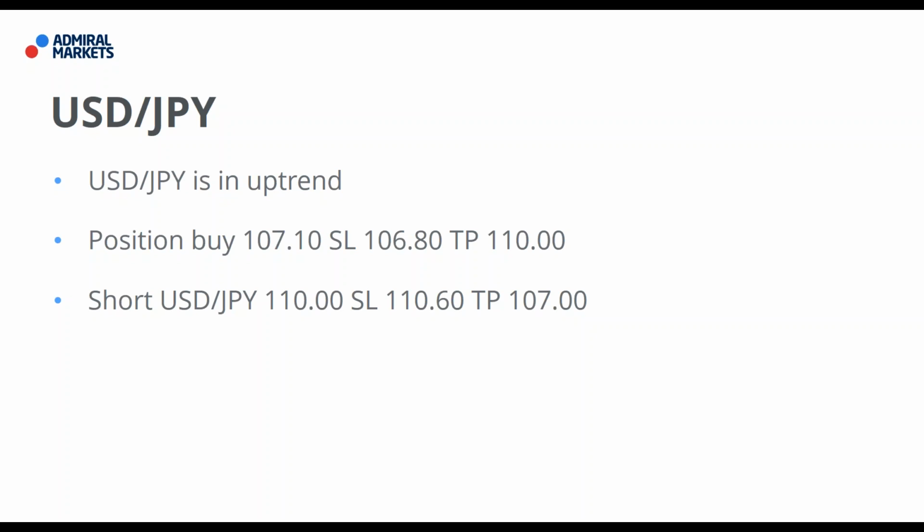I would still look a little bit into that stop loss when dollar yen gets hit, but I think dollar yen could sell off from 110 or close to the 110 zone with a TP at 107.00. I think it could sell from that zone.